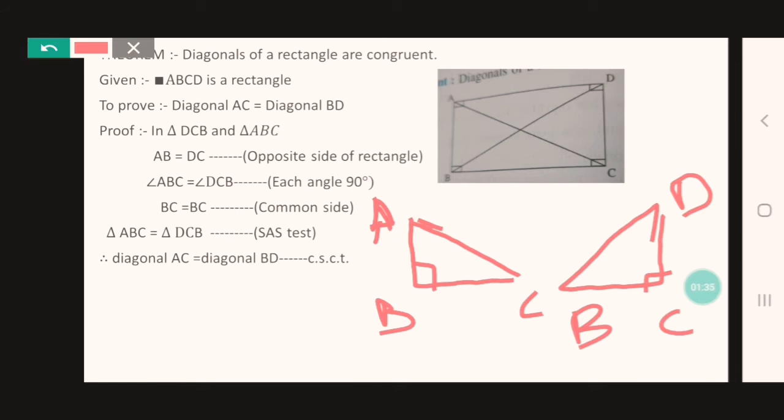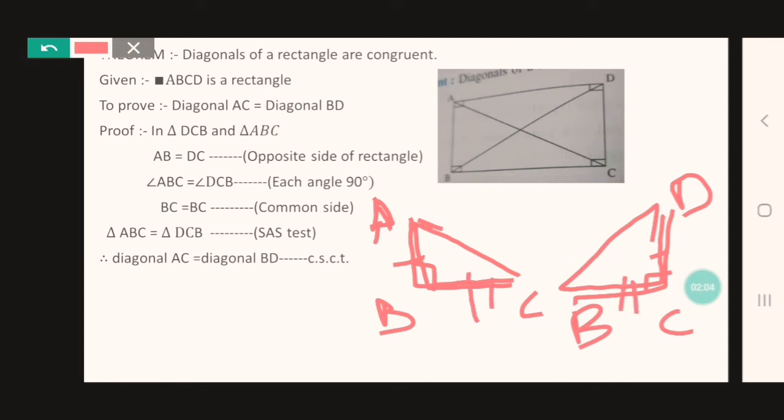Now here AB and DC are the sides of the rectangle. So AB is equal to DC, that is, opposite sides of a rectangle. After that, angle ABC is equal to angle DCB, each 90 degrees, and BC is the common base over here.